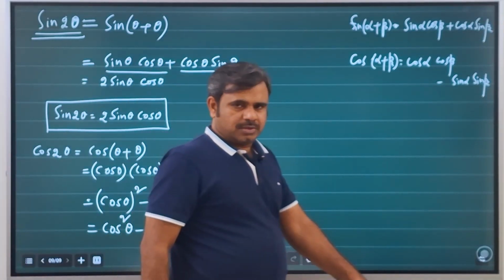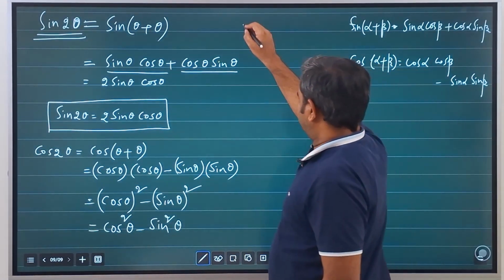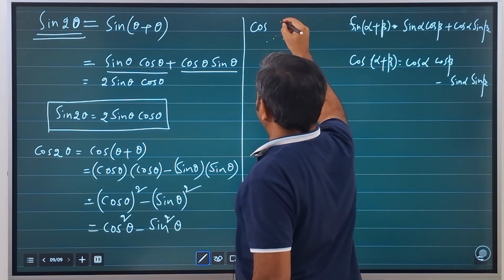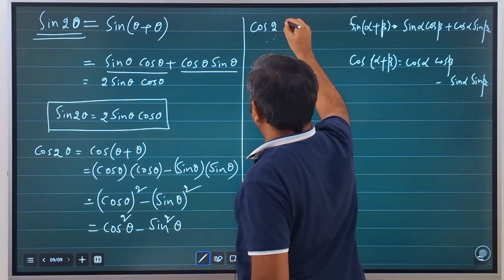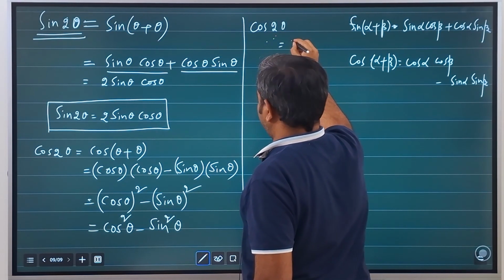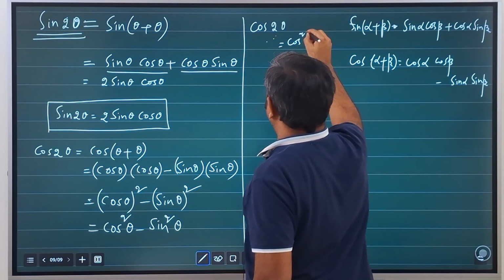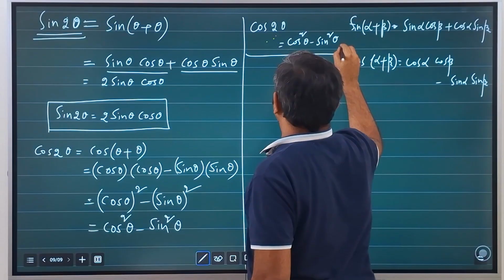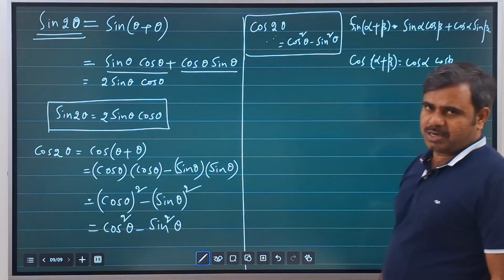So hence we got this relation, cos 2 theta is equal to cos square theta minus sin square theta. This is another trigonometric identity.